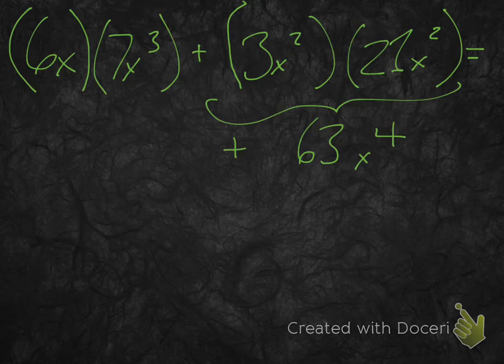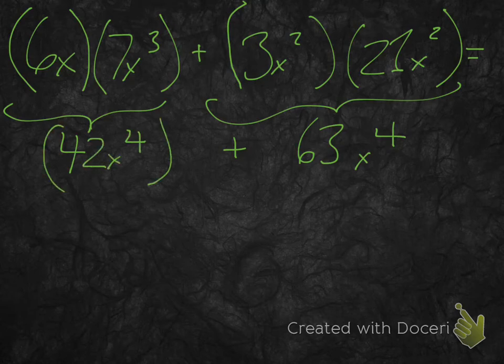And then over here on the left, our 6x times our 7x cubed is going to equal 42x to the fourth. So we have 42x to the fourth added to 63x to the fourth.